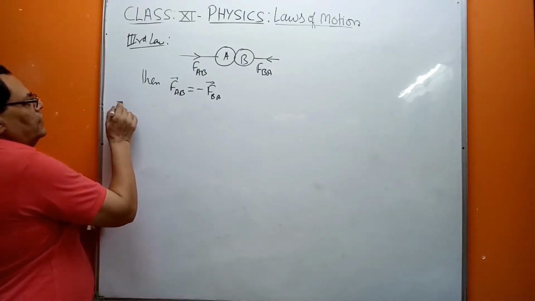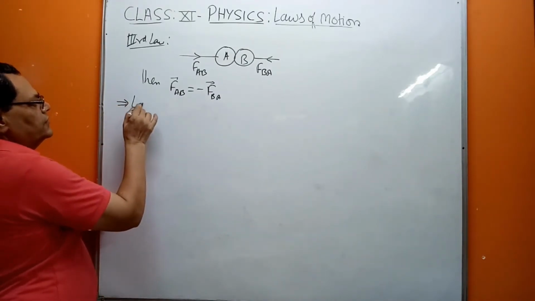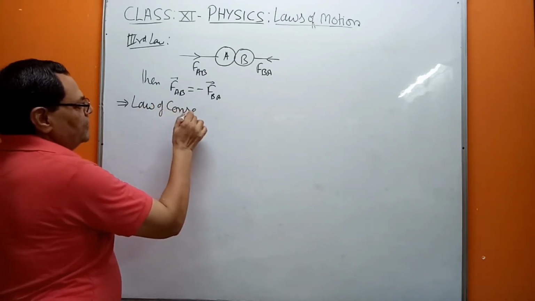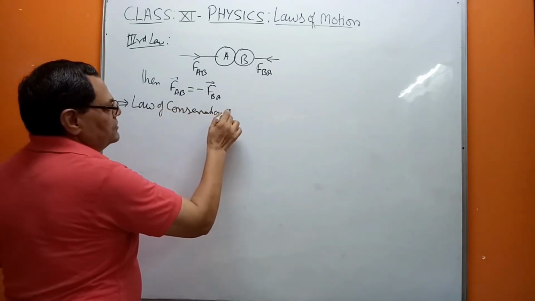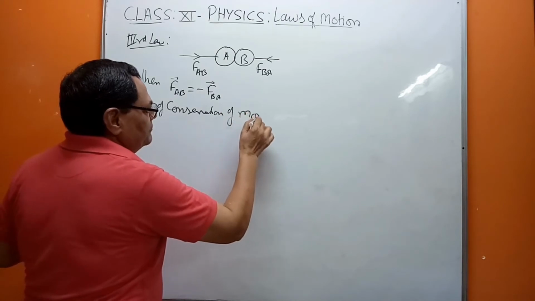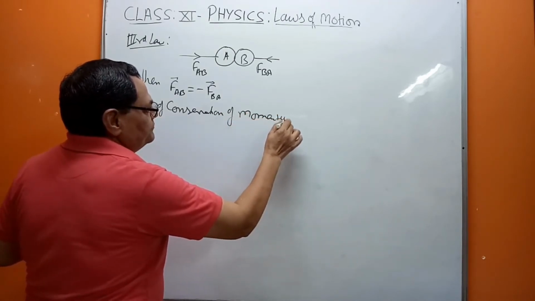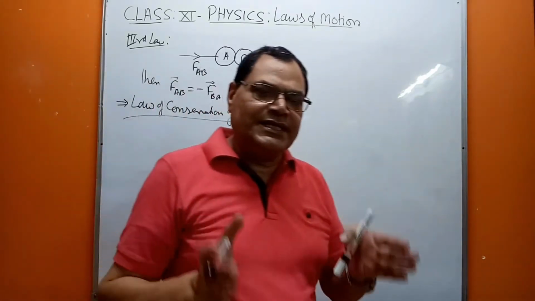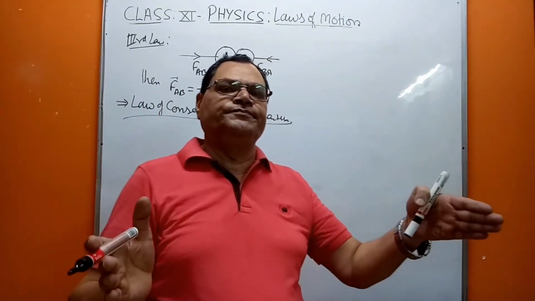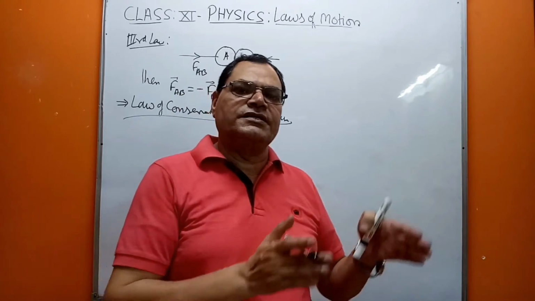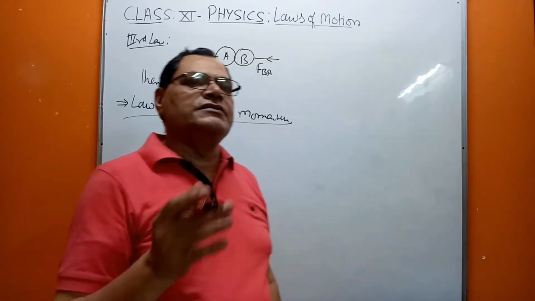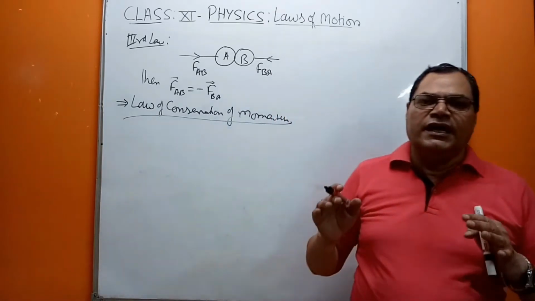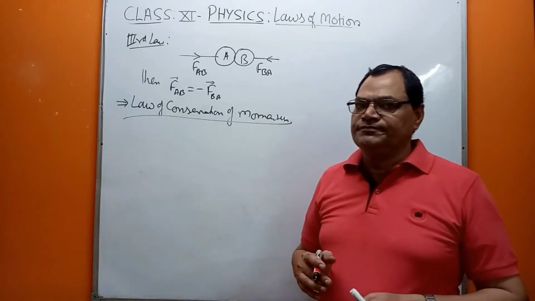Now we can take the law of conservation of momentum. What does this law say? It states that the total momentum of an isolated system always remains conserved or constant if no external force acts on the system.